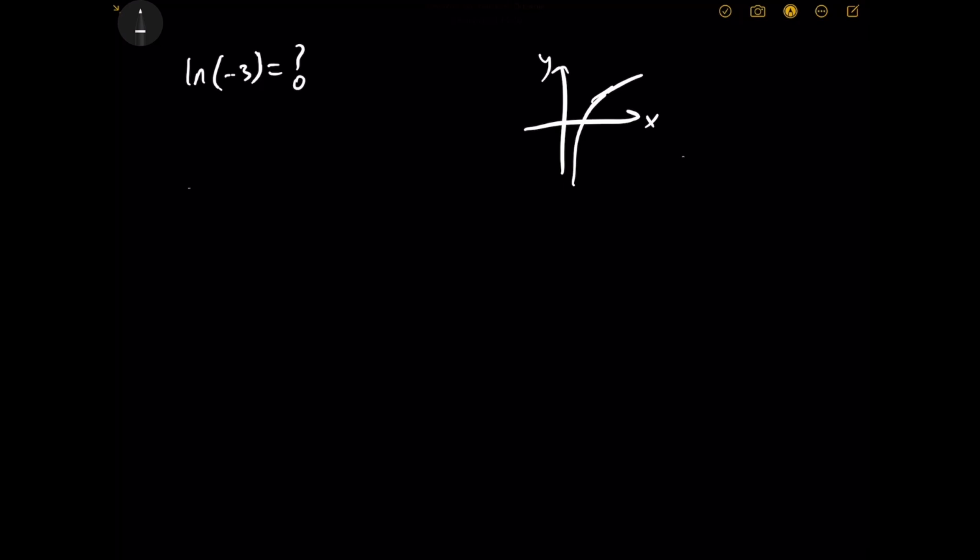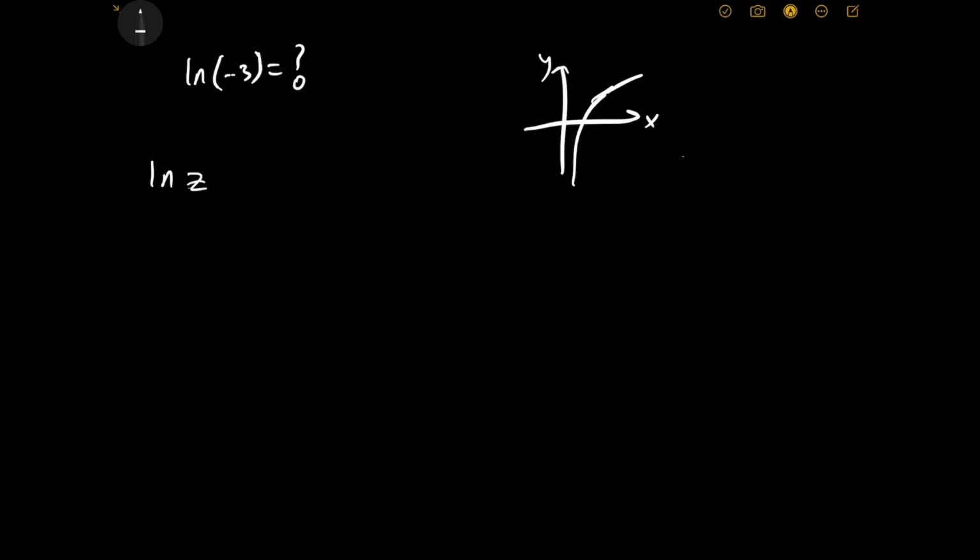Okay, so how do we start? Well, if we consider some complex number z, and if we take its natural logarithm, we could write it like this, ln z. But since we have been using ln for real positive numbers, let's use a different function.